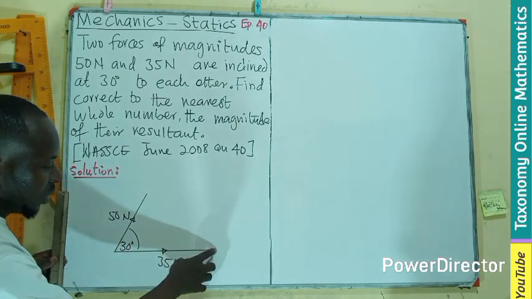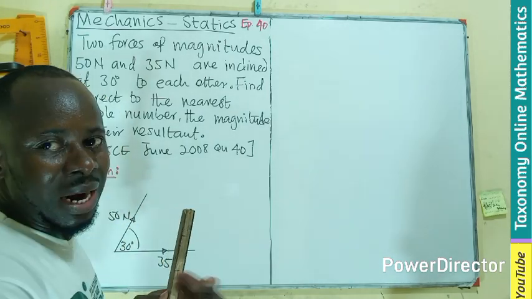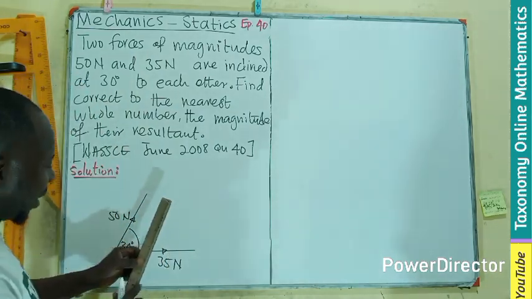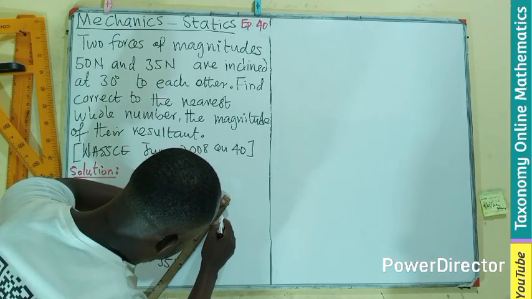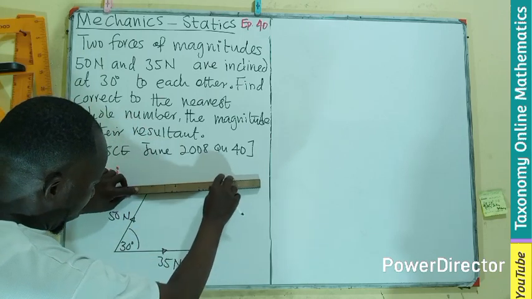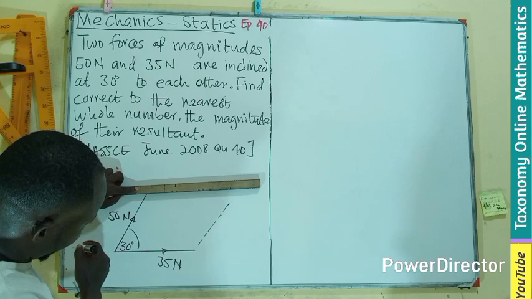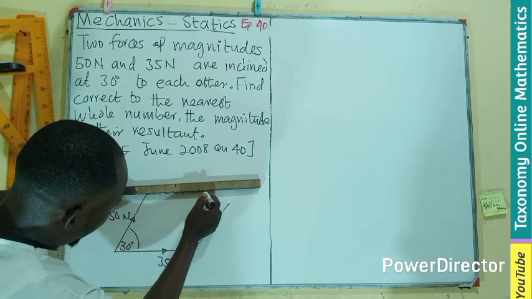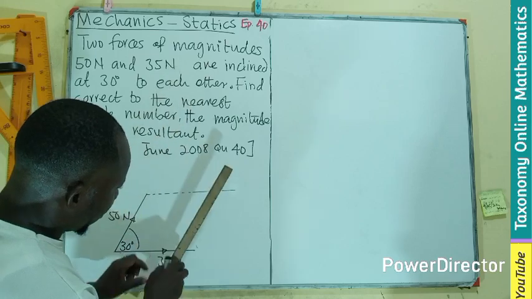Now, to find this, we need to resolve this by drawing a parallelogram, in such a way that I make this line parallel to the 50, then I make this line also parallel to the other. Let's see if this is also parallel. I think this will cut through this place.